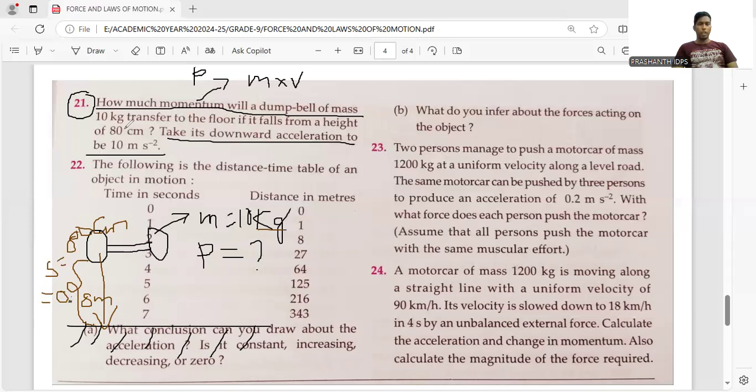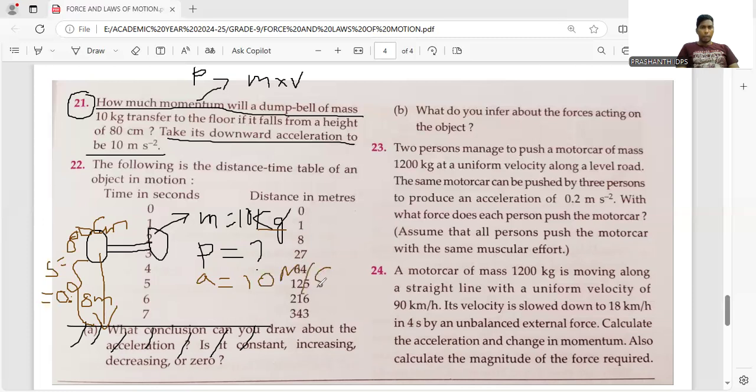So the distance will be 0.8 meters. The acceleration is given as downward, towards the ground, so the value is 10 meter per second square.